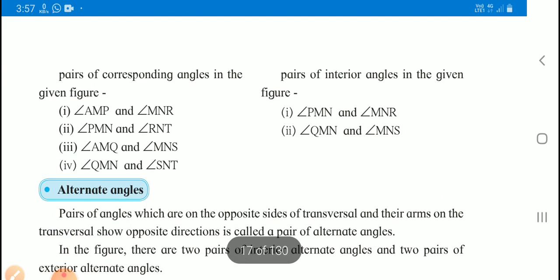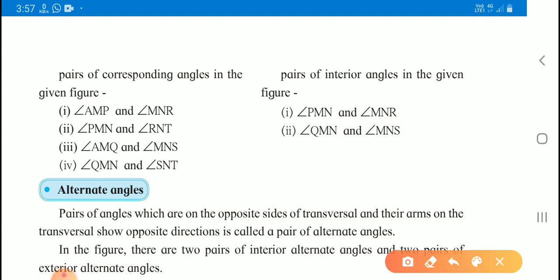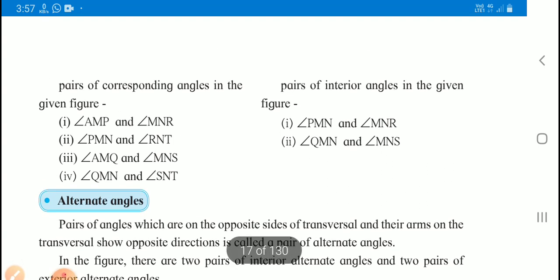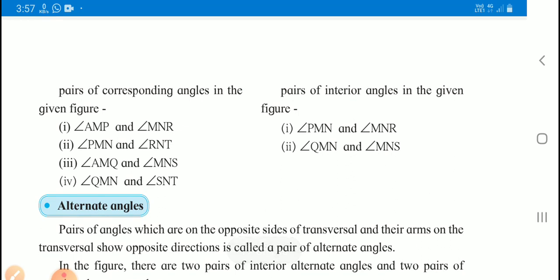Pairs of corresponding angles in given figure. I showed the angles by just using one letter. You have to draw these figures in your notebook and write all the angles. Now next we will see the pairs of corresponding angles in given figure. These are angle AMP and angle MNR.